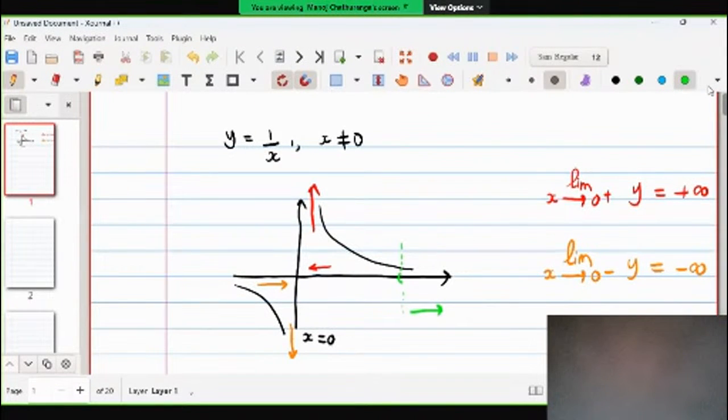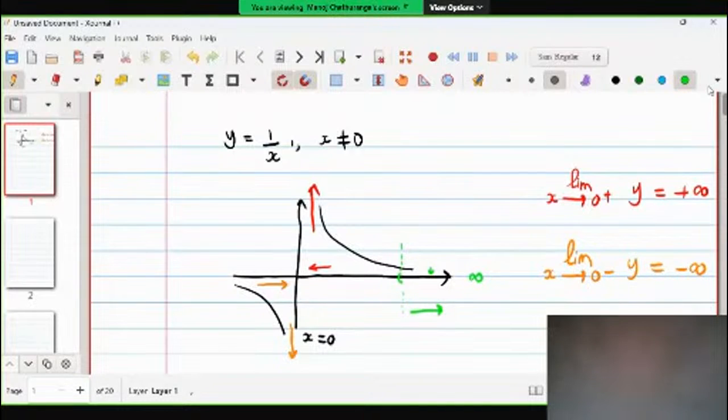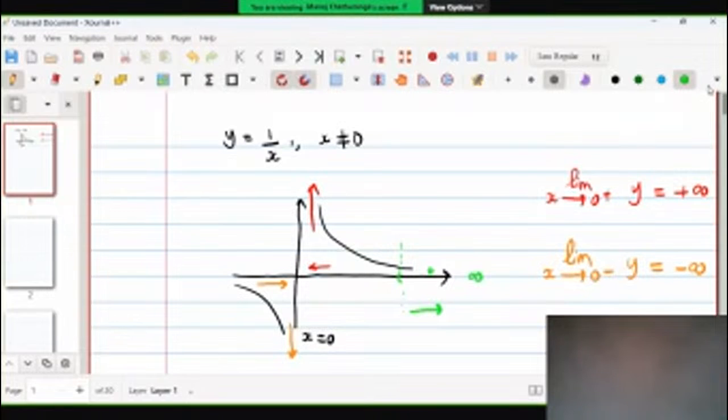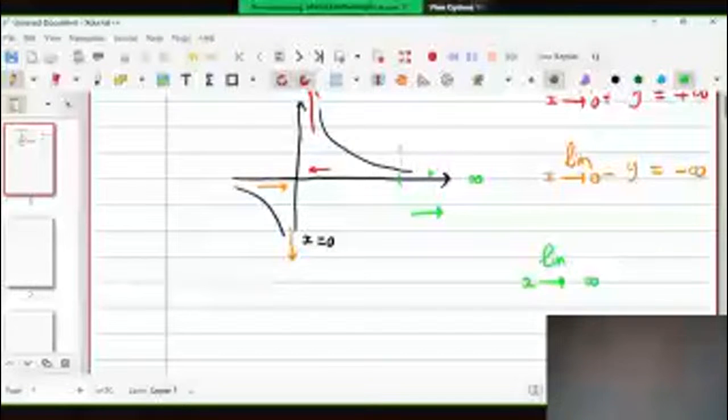So here x goes to infinity and function values are decreasing and reaching 0, but it never becomes 0. So it is kind of an interesting thing. As x goes to infinity, y values are reaching 0.